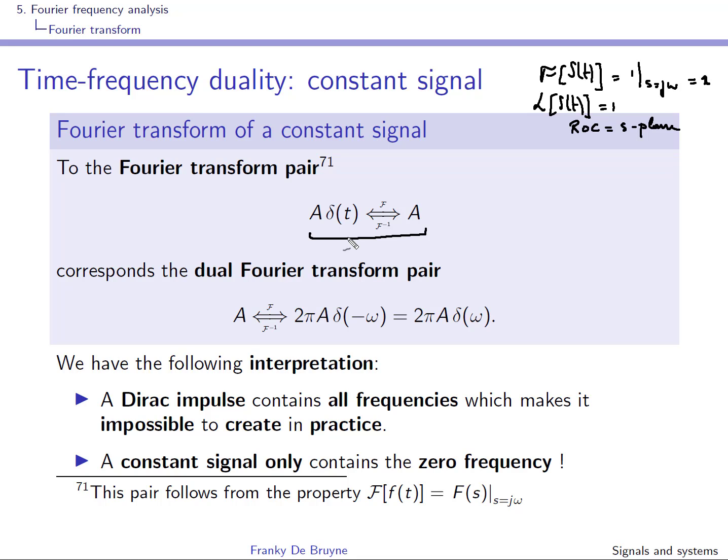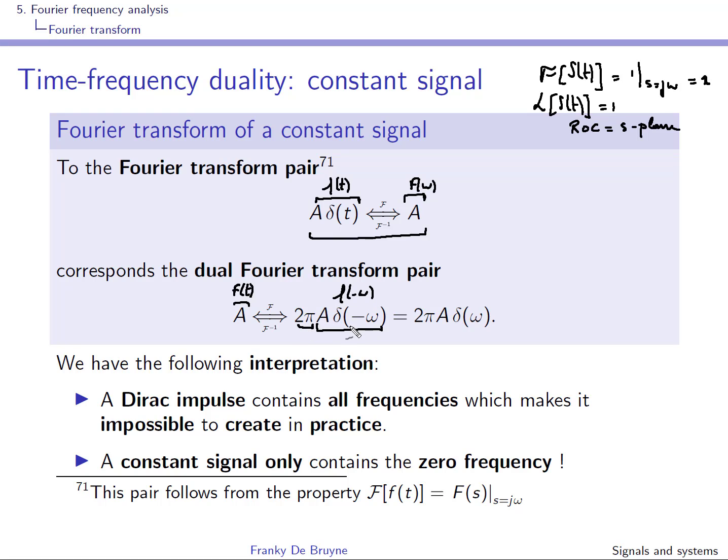And now, this is f of t, and this is F of omega. What we'll do, we'll consider this one as a time function. So this plays the role of capital F of t. And then what we have to do is to take this one, consider it as a function of omega, do time reversal, this is F of minus omega, and we multiply by 2 pi.